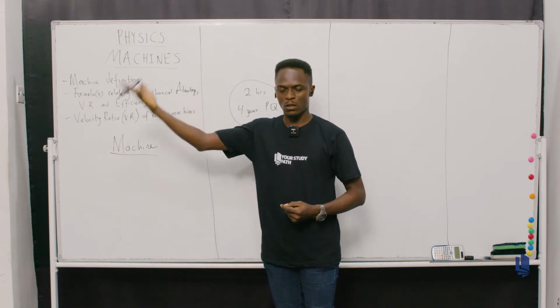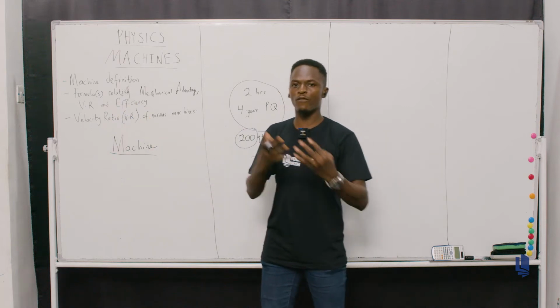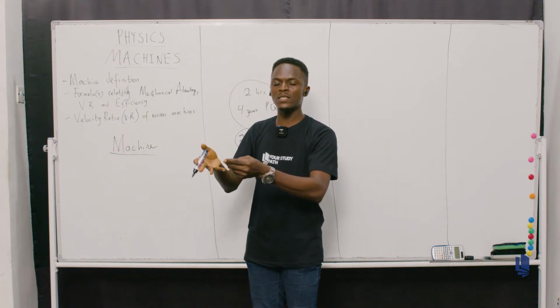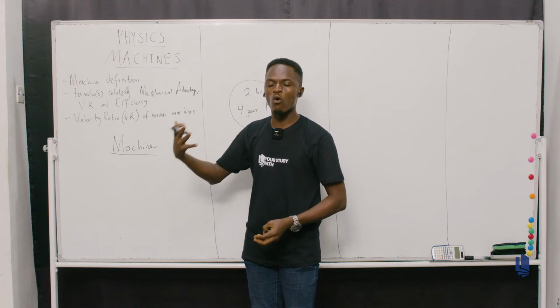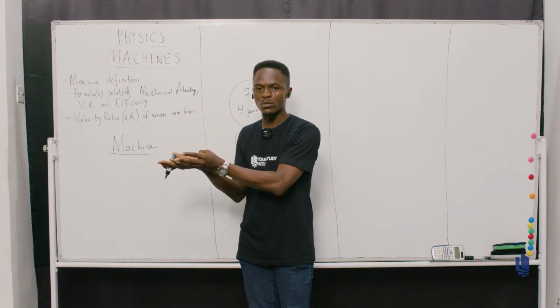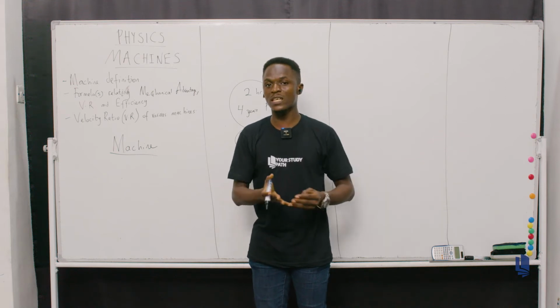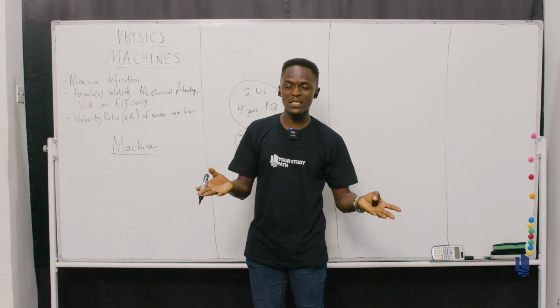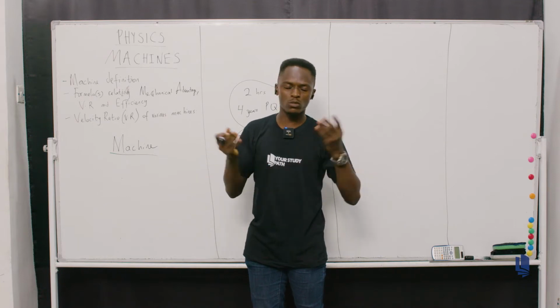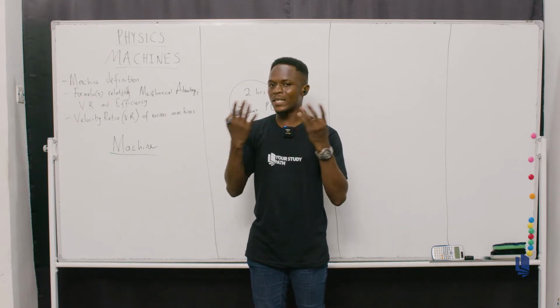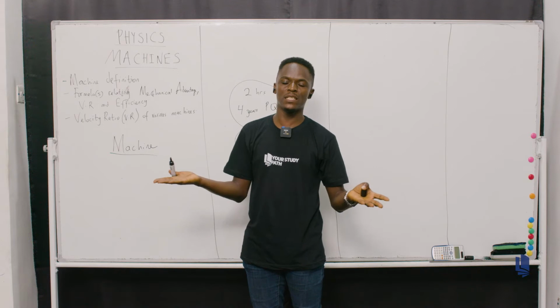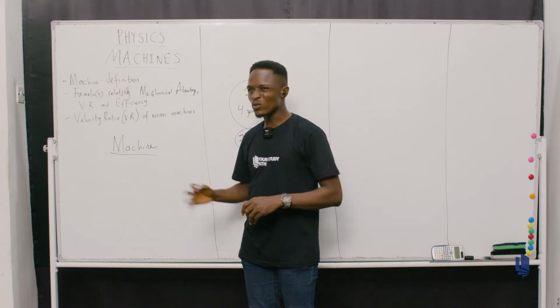A given load. Meaning that you put in effort with respect to the machine and it results in overcoming a given load. In the general way which you have known before now, we say that a machine is any device that makes work done faster, easier, and saves what? Time and energy.